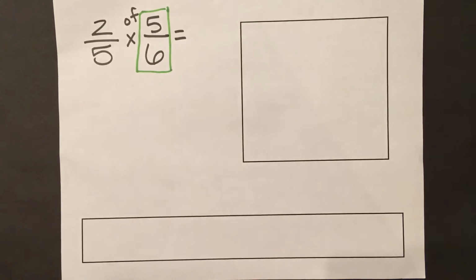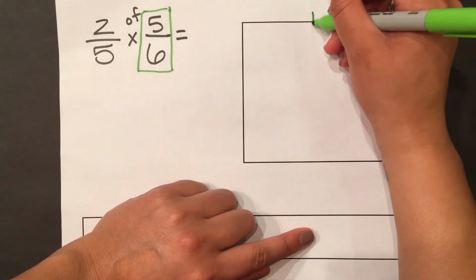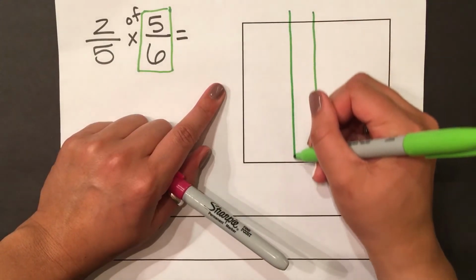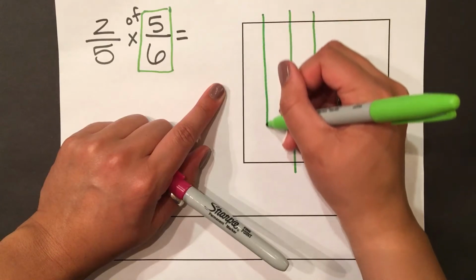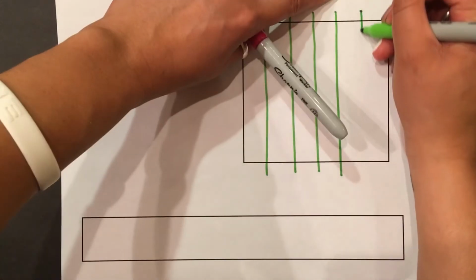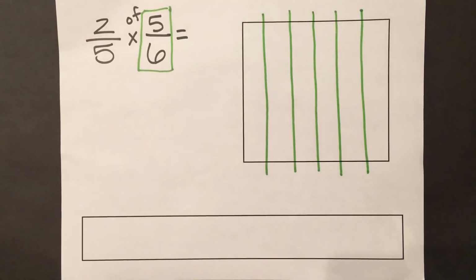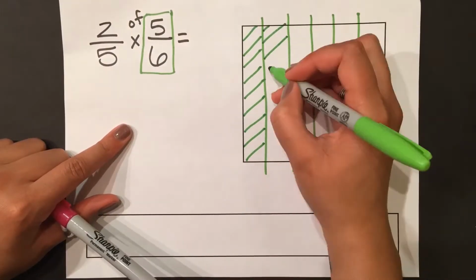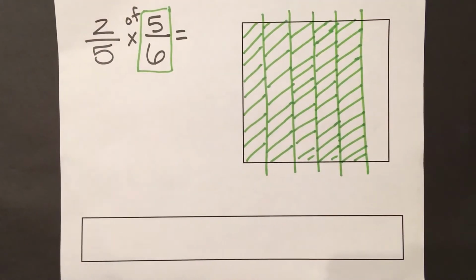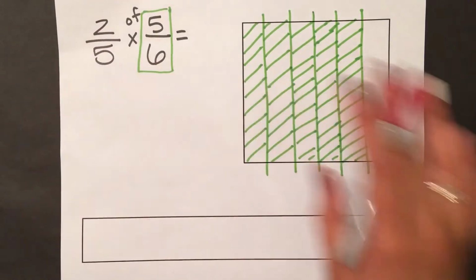So we're going to model this one first. We're going to split this into sixths. We want how many of them? 5. Now we're going to split this into fifths because we're going to take 2/5 of our 5/6.